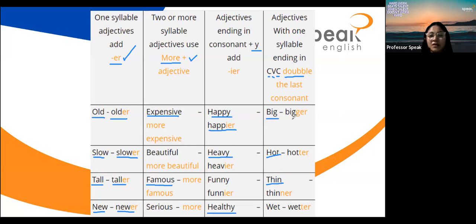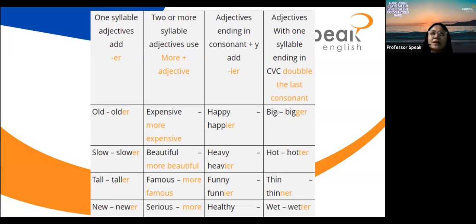Vamos a duplicar la última consonante. So bigger, bigger. Hot, hotter. Wet, wetter. Those are the main rules for the comparatives. And then we have the irregular comparatives.